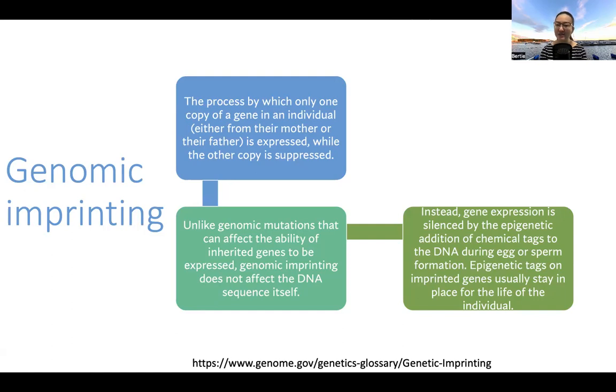Instead, gene expression is silenced by the epigenetic addition of chemical tags to the DNA during egg or sperm formation. Epigenetic tags on imprinted genes usually stay in place for the life of the individual.